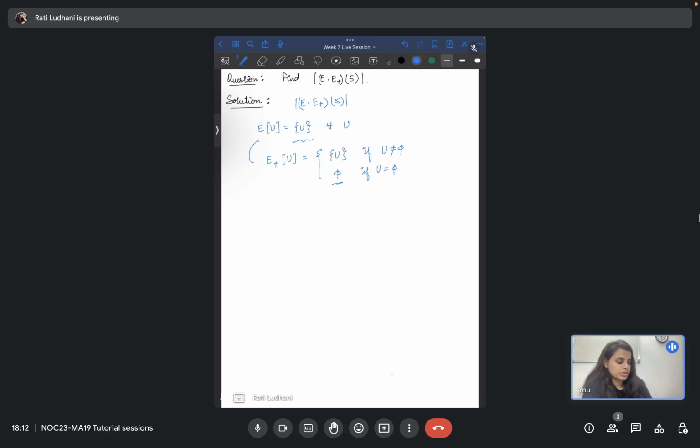Now what is the product? If you want to calculate this, I should use the square bracket.